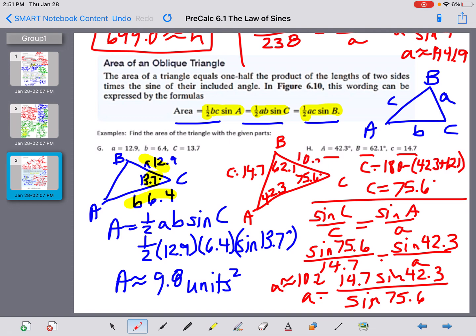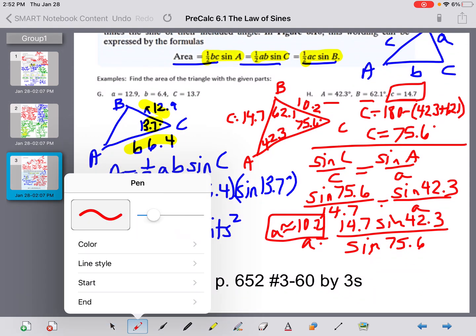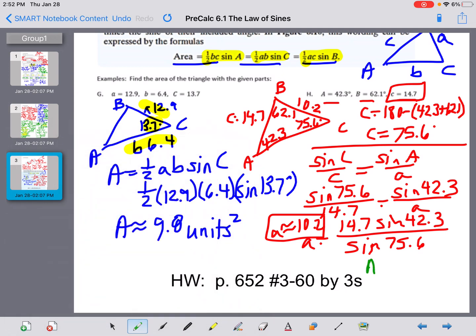All right. Now, why did I find that? So that I could find the area. I have an a and a c for my sides, okay? Good thing I have room, not much battery, but I have room. Okay, so my area, because I have sides a and c, I need to use sine of angle B. Remember, I use a, b, and c each once. And my a is what I just solved for, 10.2.